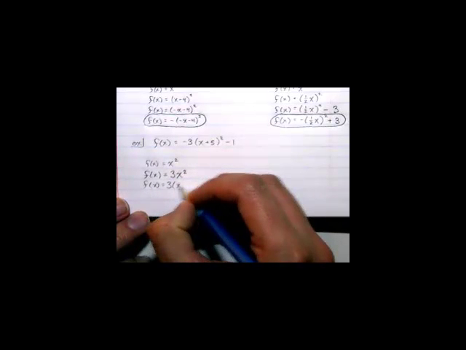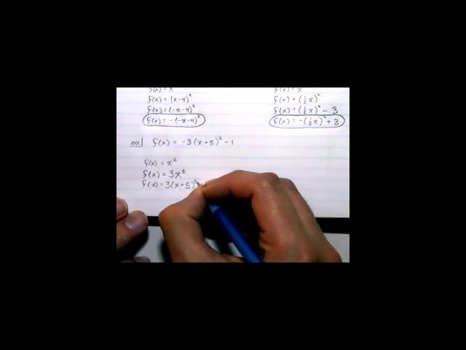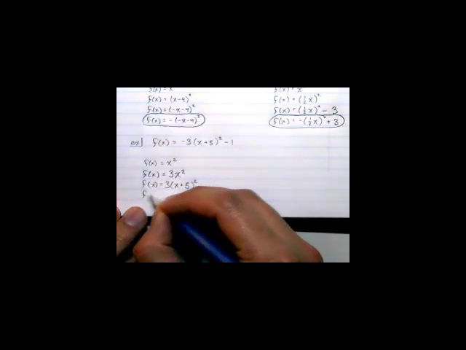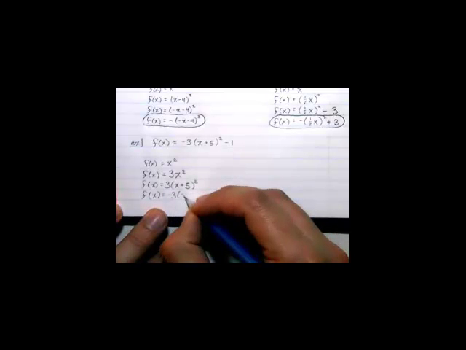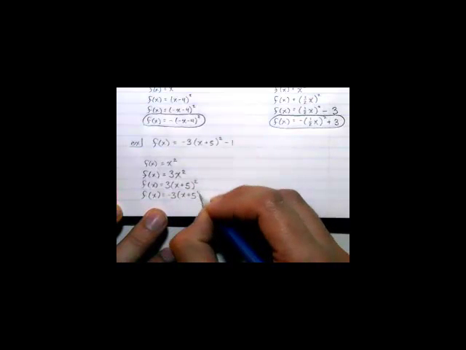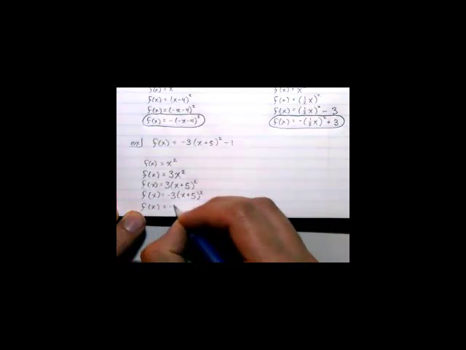And then you got to reflect it over the x-axis. Put a negative for 3. Okay, you want to do your reflection next. And then do the -1 on the end. Done. All right. I guarantee that's right.